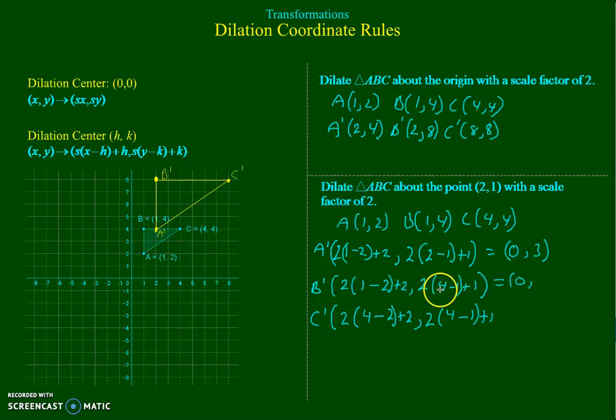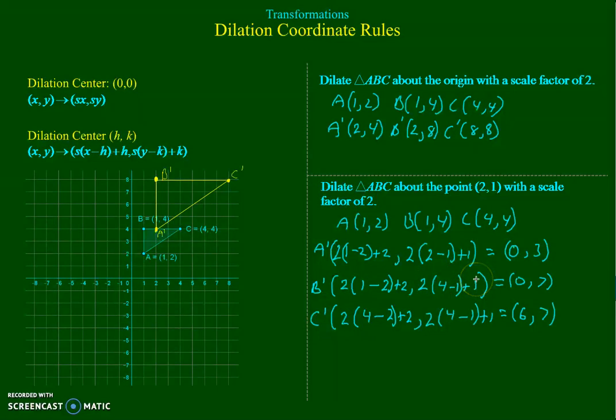And we have 4 minus 1 is 3, times 2 is 6, plus 1 is 7. And then for the last point, 4 minus 2 is 2, times 2 is 4, plus 2 is 6. And 4 minus 1 is 3, times 2 is 6, plus 1 is 7. So these should be the 3 points for our new dilated figure.